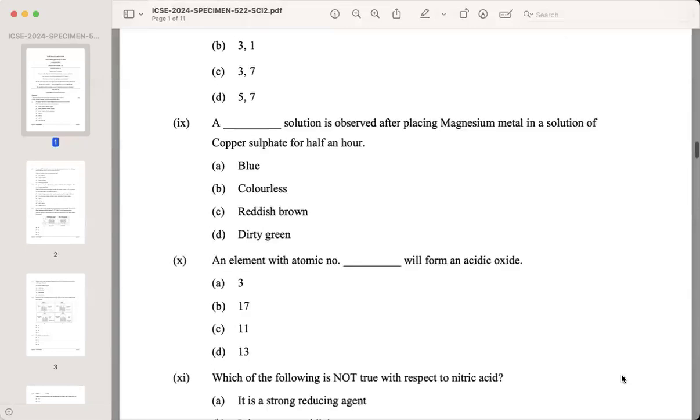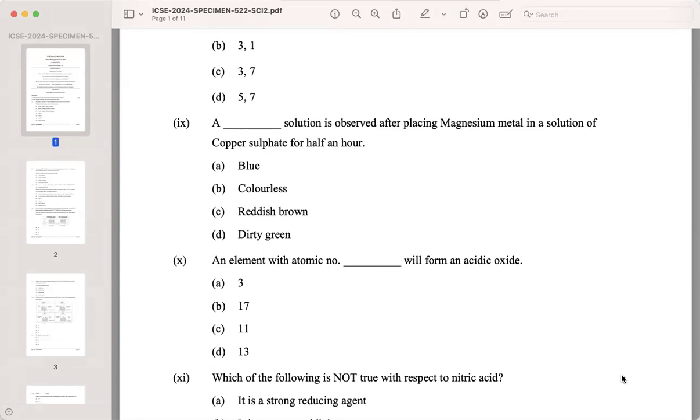Then comes the ninth part. It says an element with atomic number dash will form an acidic oxide. Now, out of these options, the answer will be 17.